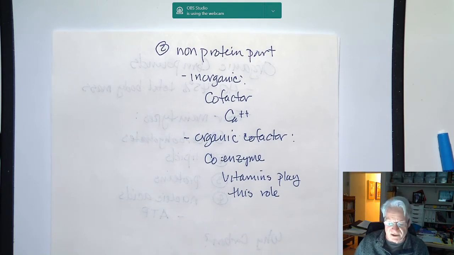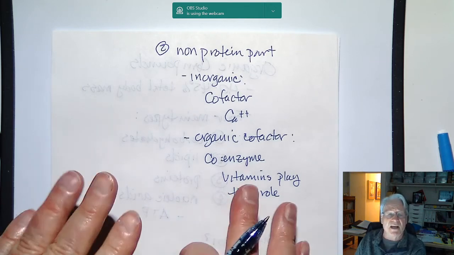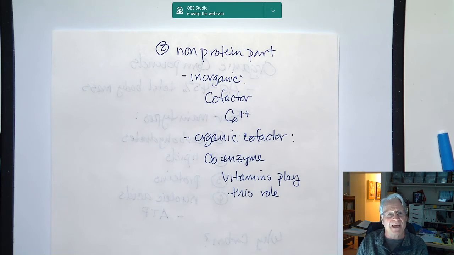So how do you put all this together? How do you understand the relationship between the protein part of an enzyme and this non-protein part of an enzyme? The way I like to think about that is the following. Imagine you have a car, and the car is fully functional. It has a full tank of gas, a fully charged battery. It's working perfectly. You get into the car and you want it to go, and you forgot your key.